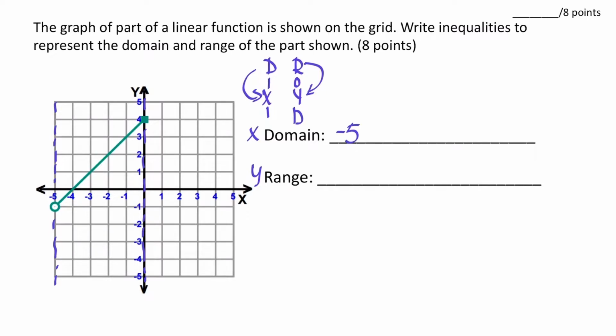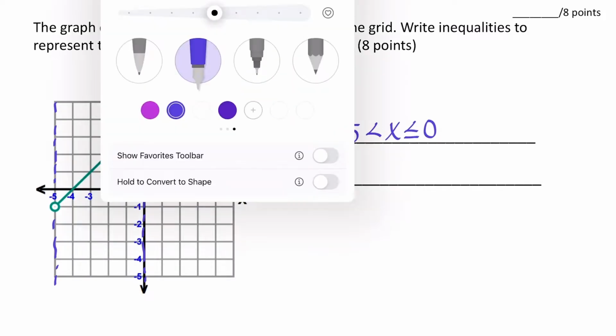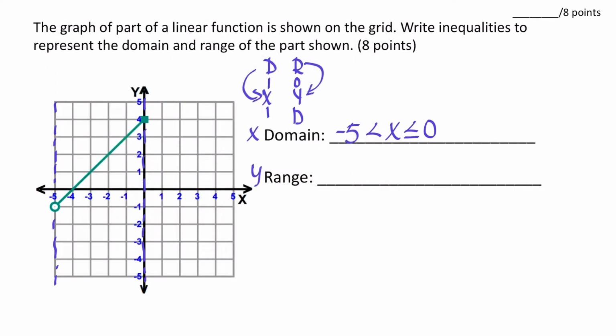Since there's an open circle at -5, I'm going to use a less than sign, and then I'm going to write x because I'm talking about the domain. The rightmost value in my domain is 0, because everywhere along the y-axis, x equals 0. Since I have a closed circle there, I'm going to use a less than or equal to sign. Now let's talk about the range. The range is going to go from lowest to highest.